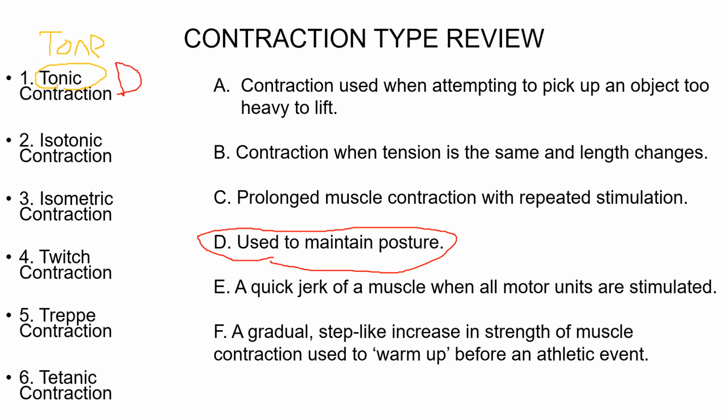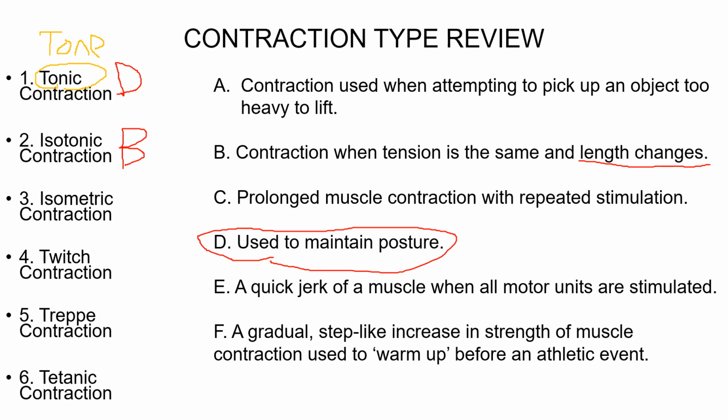That should make sense. Number 2, isotonic contraction. Remember, isotonic is you're moving the joint. You're actually changing the length of the muscle. So A and B look pretty promising. A is something that's too heavy. B is the length is changing. The length of the muscle is changing. So B looks good.